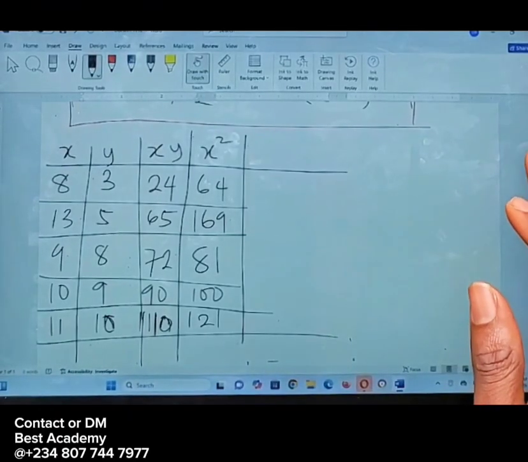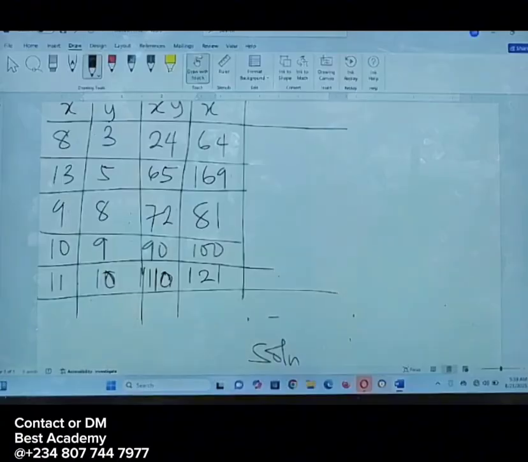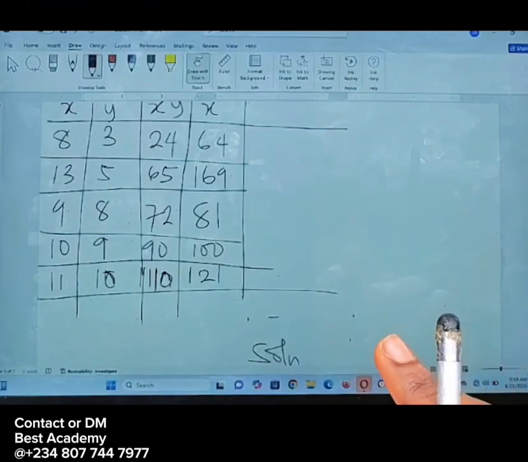So we have gotten s, y, sy and s squared. That means you can add the total s to have the sum of s, the total y to get the sum of y, the total sy to get the sum of sy, and the total s squared to get the sum of s squared.